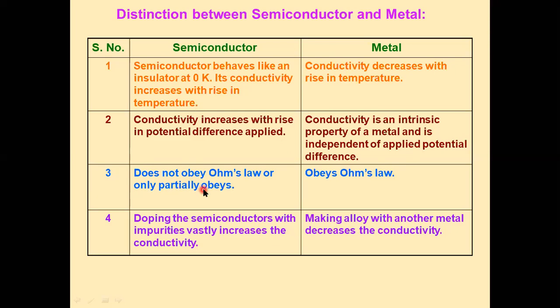The semiconductor does not obey Ohm's law, or it partially obeys, but the metal obeys Ohm's law, V is equal to IR. Doping the semiconductor with impurity increases the conductivity. Making an alloy with another metal decreases the conductivity. So this is the difference between semiconductor and metal.